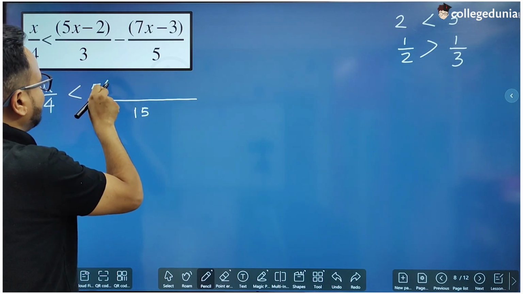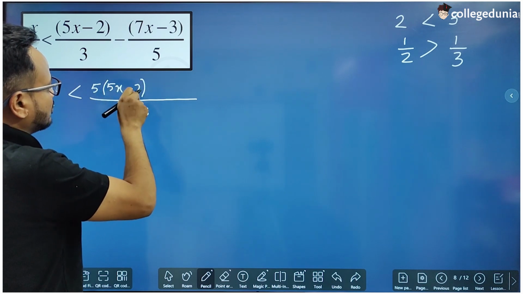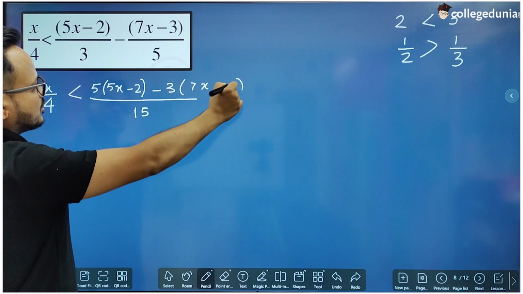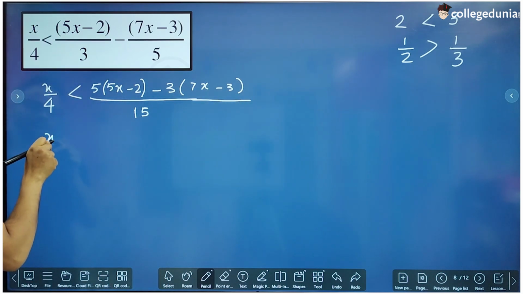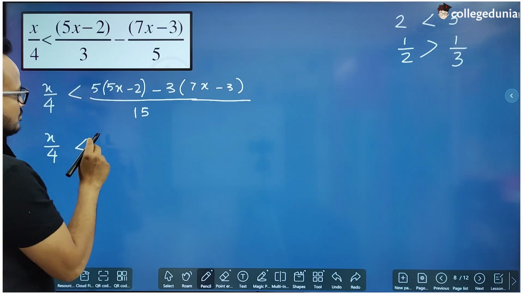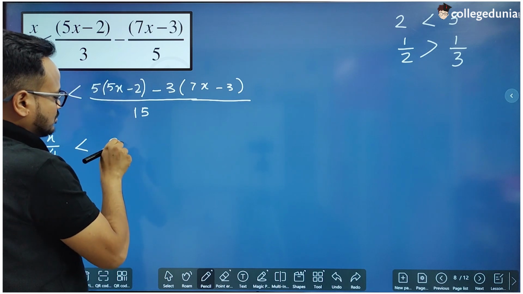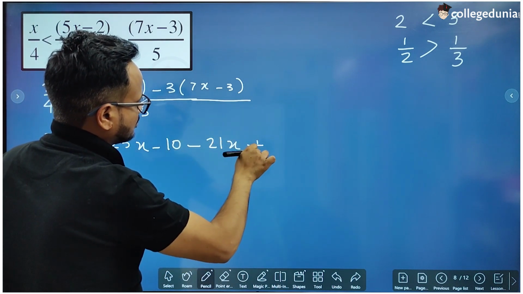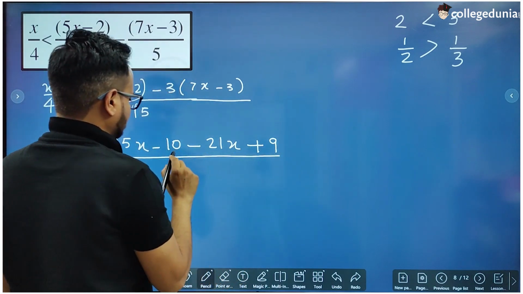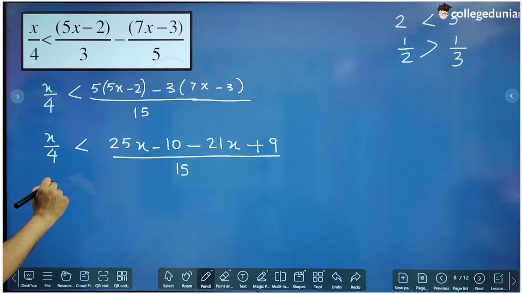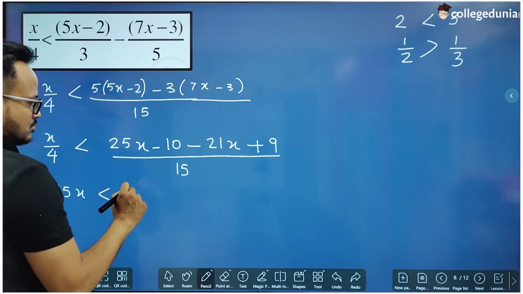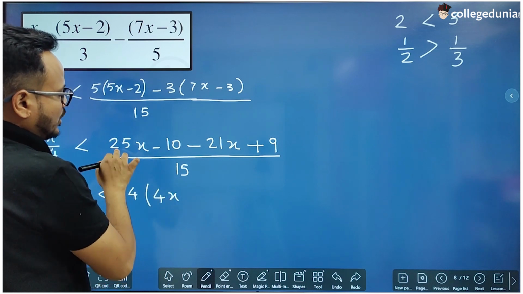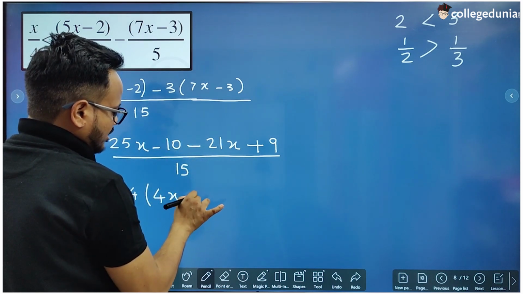Now this is 5, this is 5x minus 2, minus 3, 7x minus 3. 25x minus 21x is 4x, minus 10 plus 9 is minus 1.